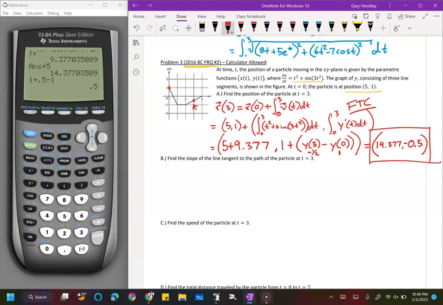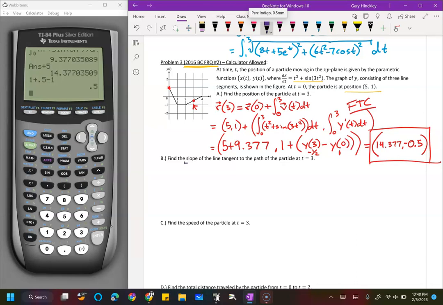Let's see. We have: find the slope of the line tangent to the path of the particle at t equals 3. So remember, we now have two types of derivatives. We have the derivative of the vector, and we have the derivative of our parametric equations.